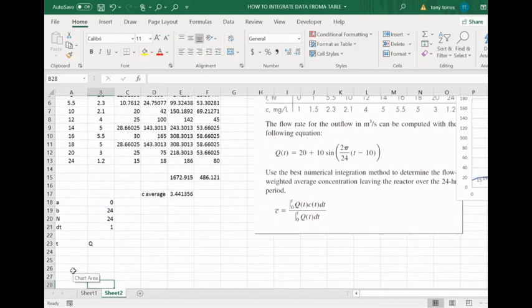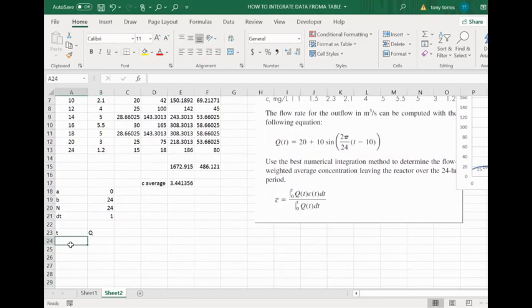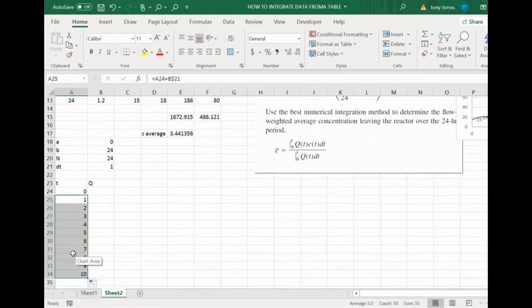All right, so let's see. For t, we're going to start here, and we're going to increase this by the calculated dt value, and let's put a dollar here. So obviously if I drag this down, you see the number increasing as it should.